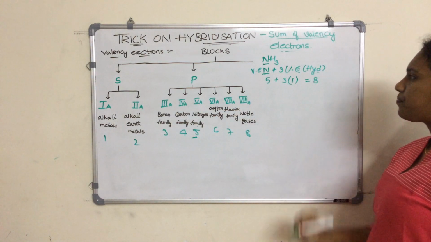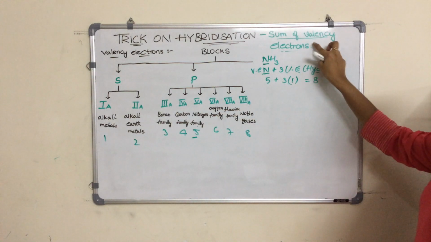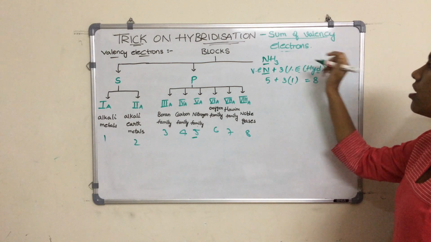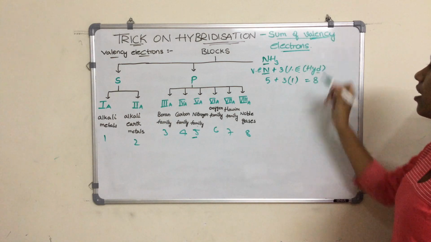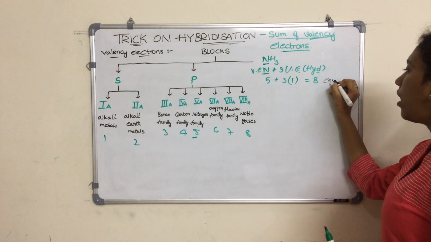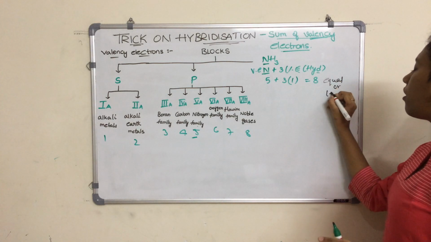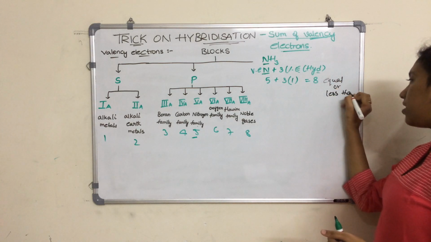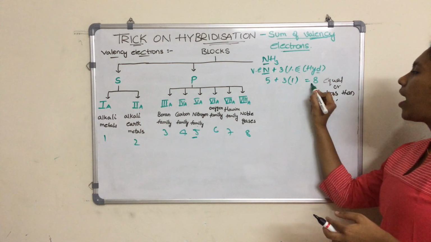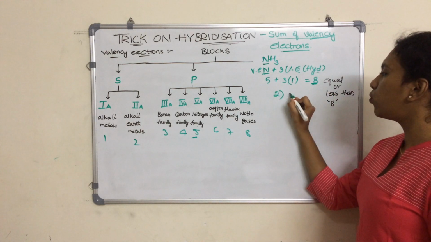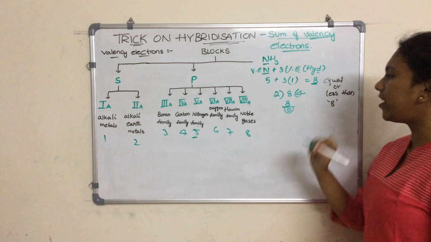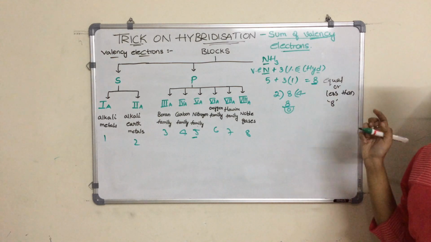Total 8. Here, when you have done your sum of valency electrons, when the sum is equal to or less than 8, you just divide the sum by 2. 2 fours are 8, which gives the remainder 0.